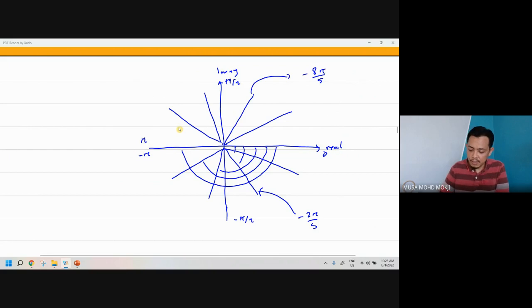Okay, then of course we can have the other direction, which equals 2 pi over 5. So actually we have this one and this one, one in the positive direction and another in the negative direction.